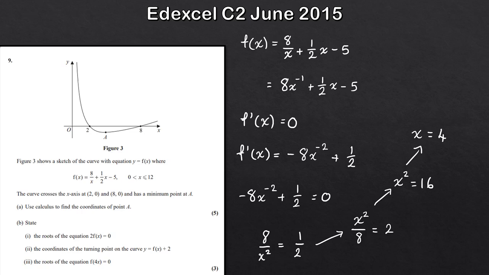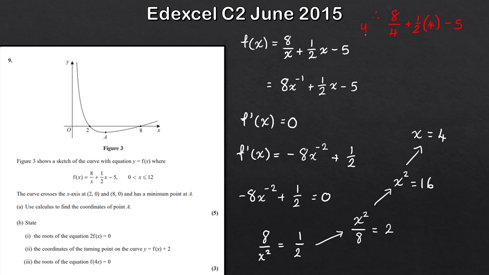Okay, now that gives us the x coordinate for the point A. We also need the y coordinate. So for the y coordinate, we just substitute that back into f of x. So that's going to give me 8 over 4, remember, x is equal to 4 here because we want the y coordinate, plus a half of 4 minus 5.